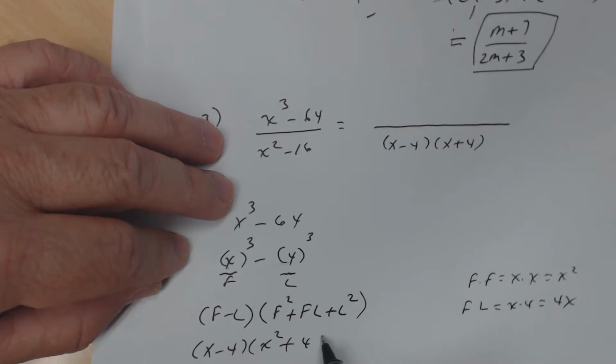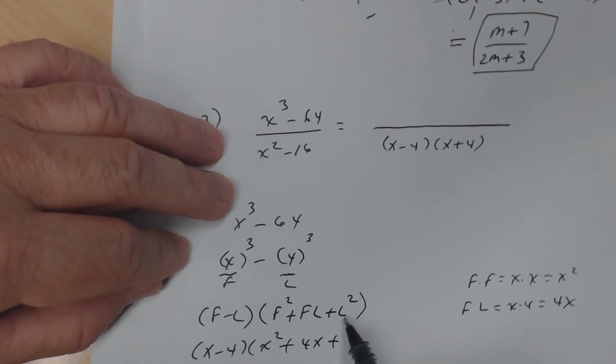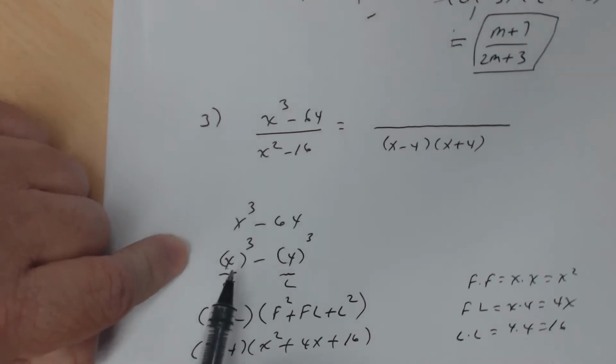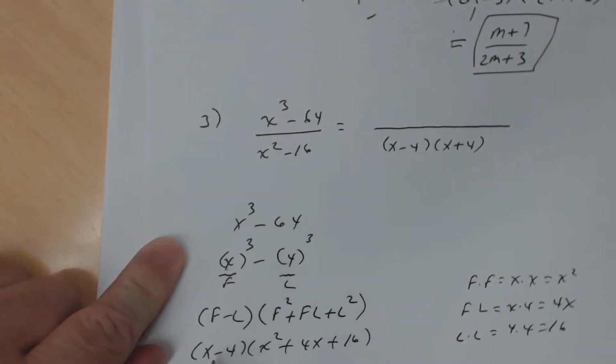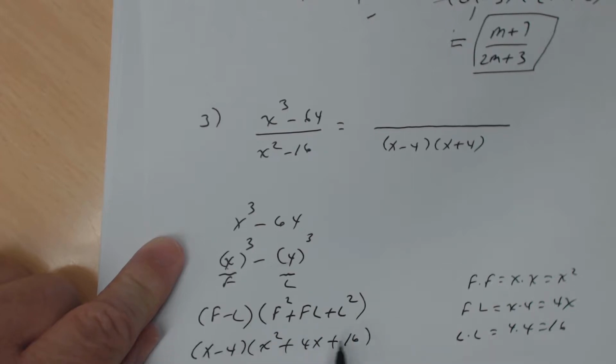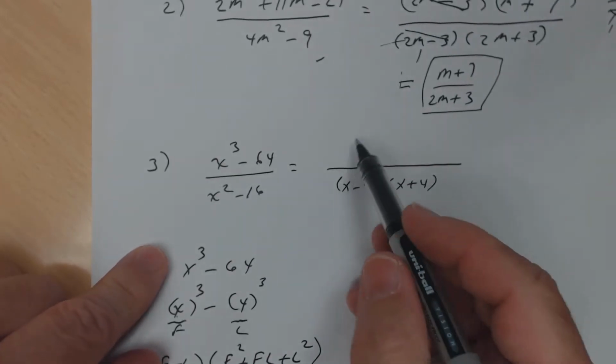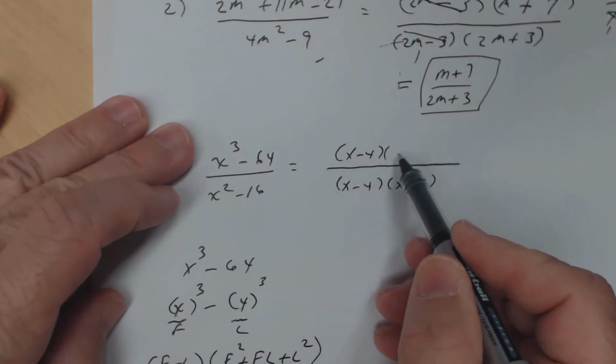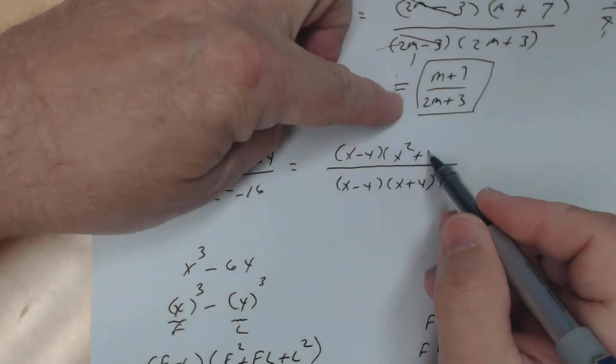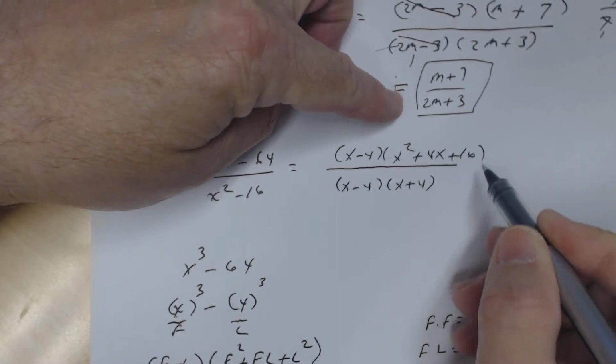So that goes here, plus L squared means L times L, L is 4, 4 times 4 is 16. All right, so x cubed minus 64 is this product of factors right here, x minus 4 and x squared plus 4x plus 16. So that goes up here, x minus 4 times x squared plus 4x plus 16.